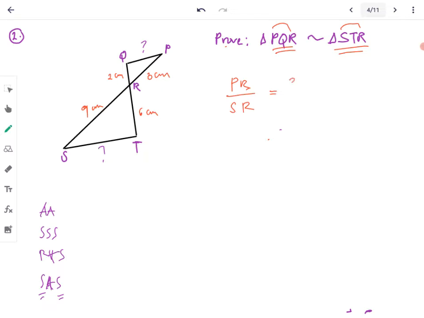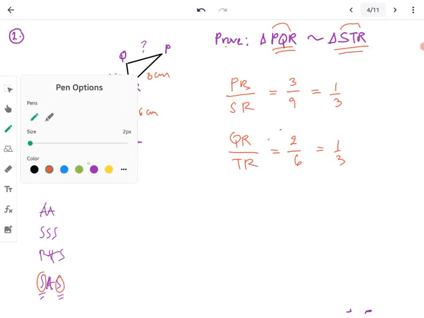The ratio is 3/9, that's 1/3. We have also QR over TR. That is 2/6, that is also 1/3. So we have shown that the ratios of the two corresponding sides are equal. Meaning we need to look for the included angles. The included angles should be the angles between these sides that we compared. So in this case, the included angles are this one.